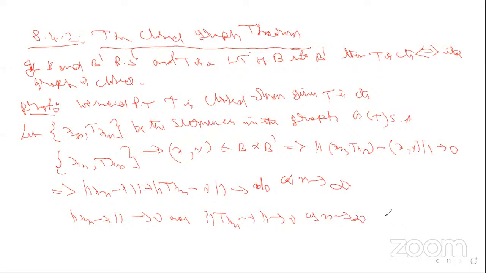Since T is continuous, it follows that xn tends to x. That implies, applying T both sides, T of xn tends to T of x.